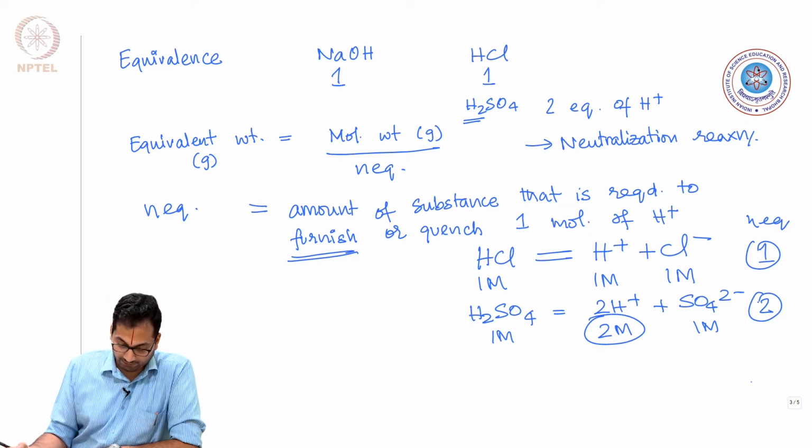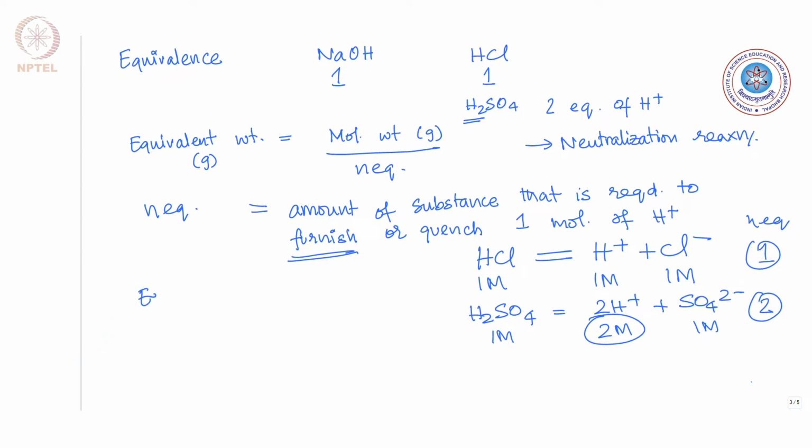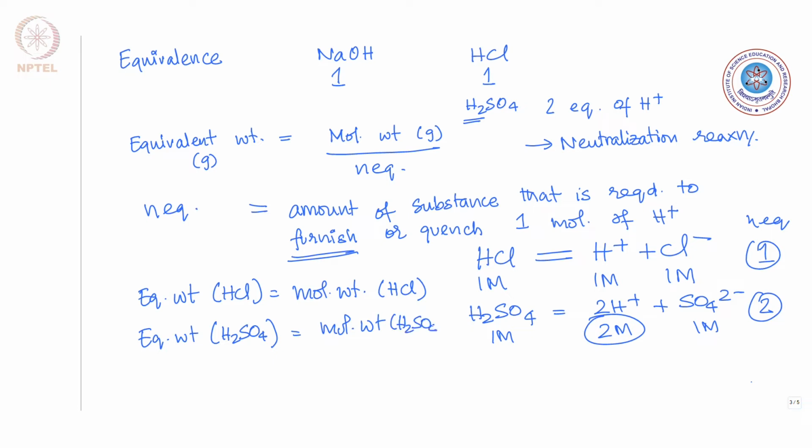So therefore, the equivalent weight for HCl is equal to its molecular weight in this reaction. But on the other hand, the equivalent weight of sulfuric acid, H2SO4, will be half of its molecular weight.